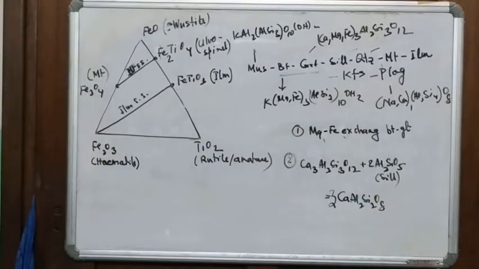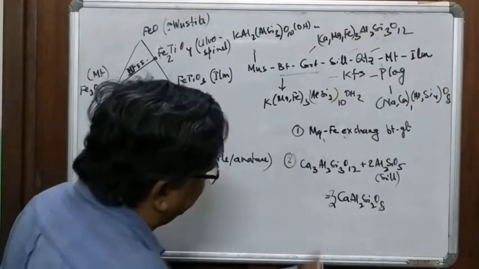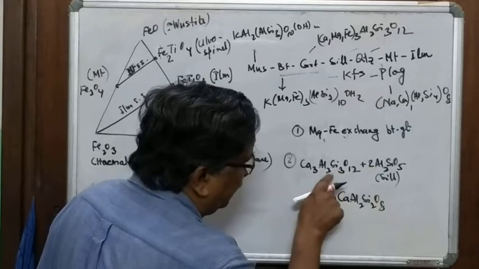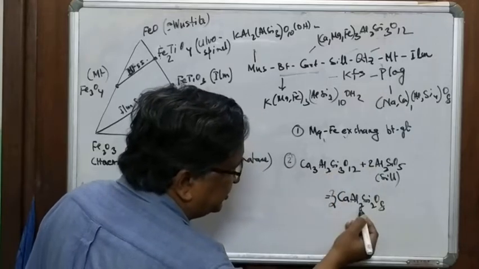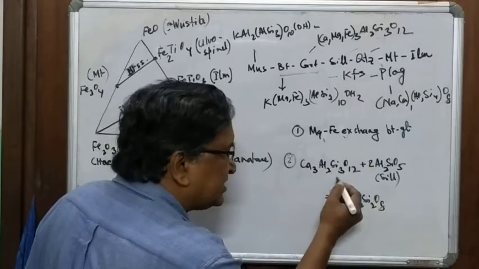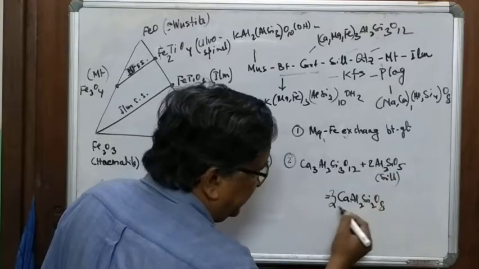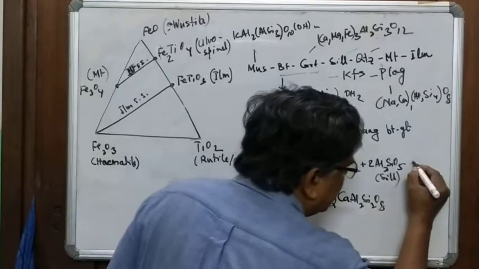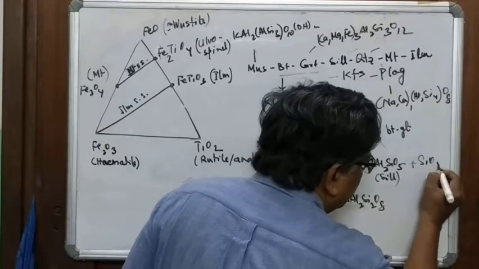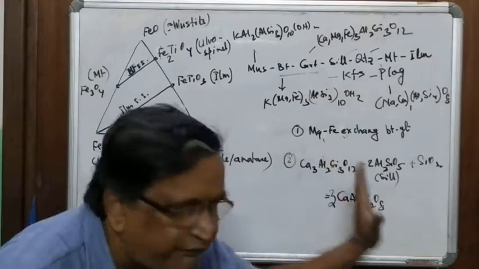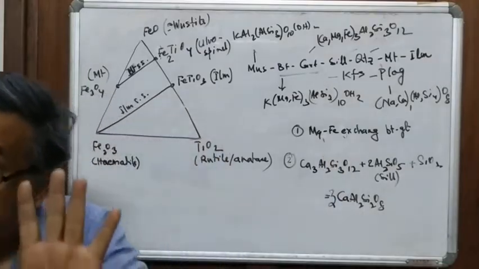Do you understand? So now you see here your calcium is balanced, your aluminium is 2 into 2, 4, plus 2, 6. Here it is 3 into 2, 6. If we look at silicon, this is 3 and this is 2, 5. Here it's 6. So plus SiO2. And this should give you a fluid-free reaction, not a fluid-absent reaction.